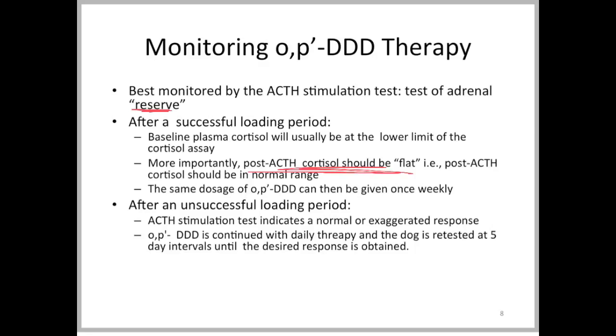And if you confirm an exaggerated response again, and we say normal or exaggerated, normal would be, let's say, a twofold increase, and an exaggerated would be sometimes 2 to 4-fold increase, then you know you're not succeeding, and you need to go back to sort of reload the animal with daily therapy, and the dog is then retested at 5-day intervals until the desired response for the ACTH stimulation test is obtained.